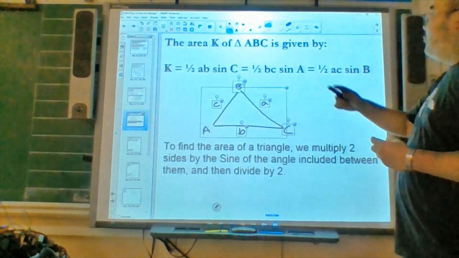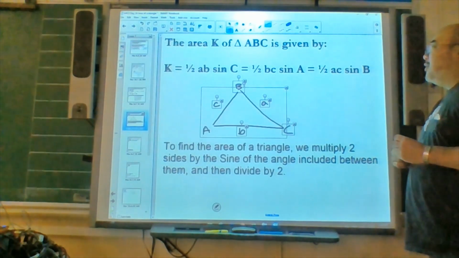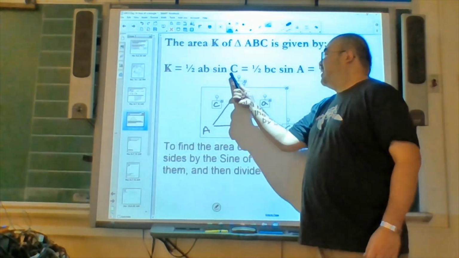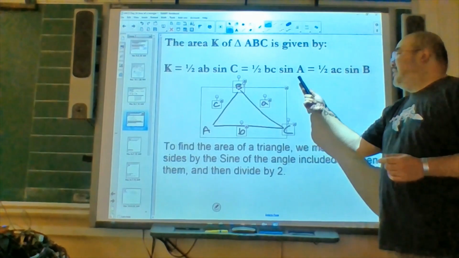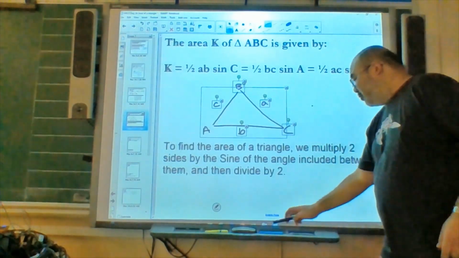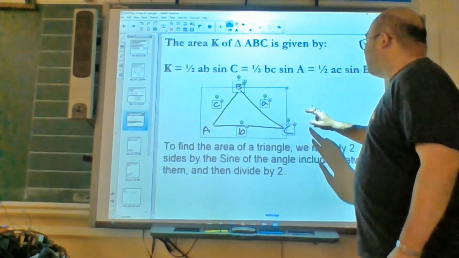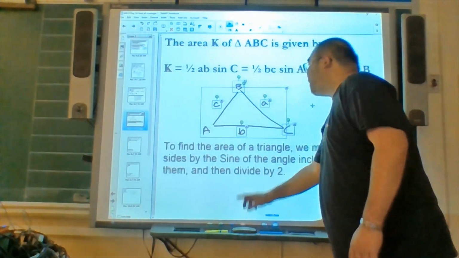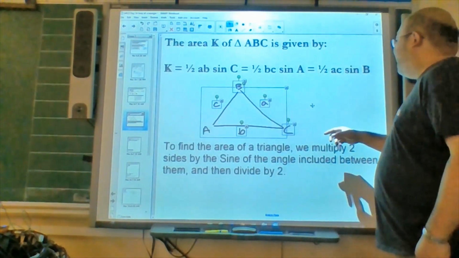So the area, which we call K, of triangle ABC is 1/2 ab sine C, or 1/2 bc sine A, or, in this case, 1/2 ac sine B.